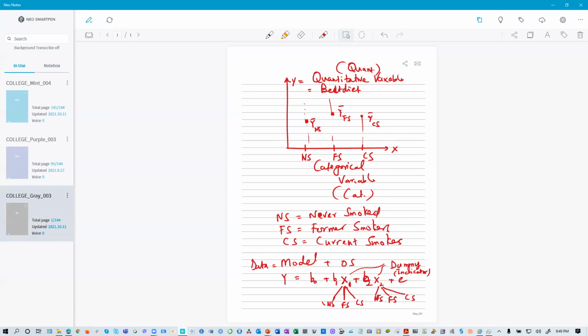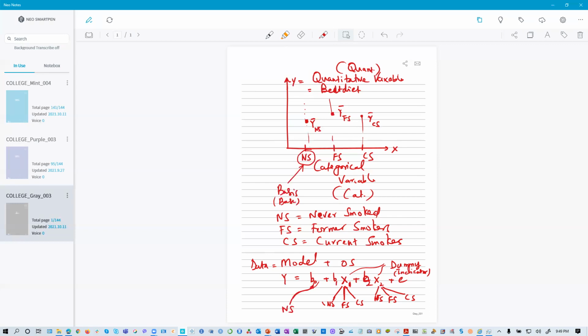Now we have to make sure X1 represents that. For the B naught here, one of these levels I'm going to take as the basis, as a foundation, or as the base. If that's the case, you put the 0 for that one. If you really need that one, this will represent that one. This will definitely represent NS, never smoke or non-smokers.